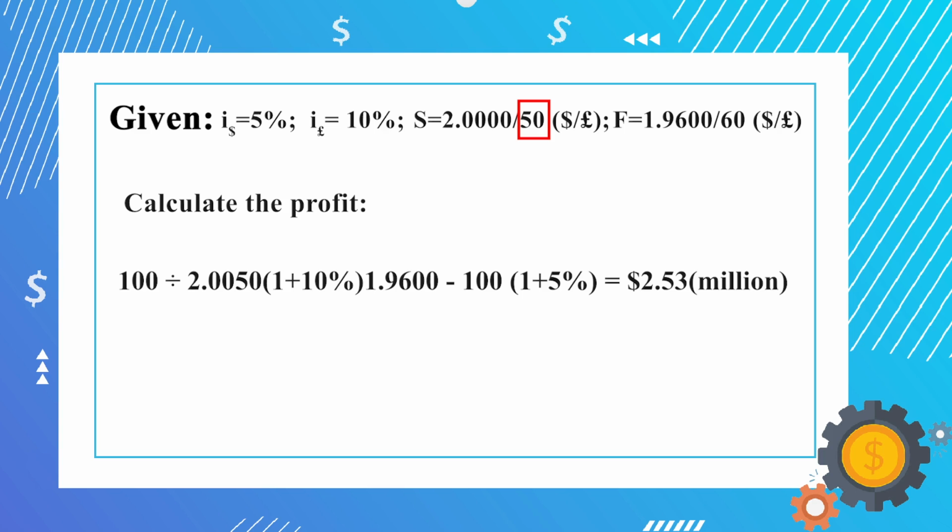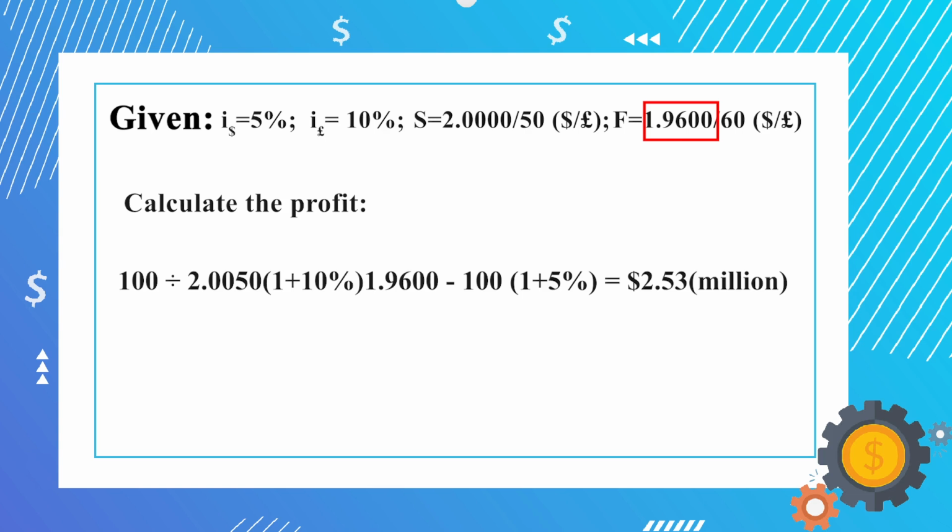At the same time, sign a 1-year forward contract to sell the 1-year pound capital and interest for dollars. So multiply by the forward rate. Here you sell the base currency; the bank buys the base currency. We should use the smaller forward rate, $1.96 per pound.